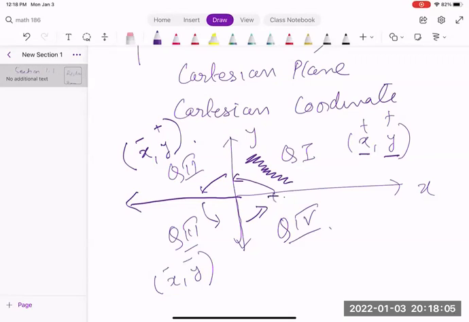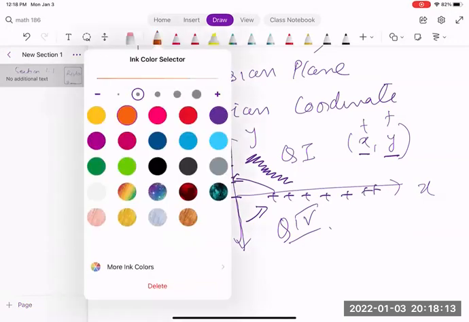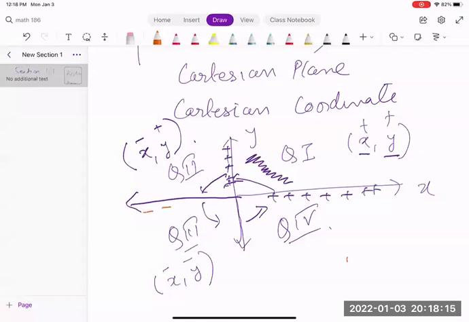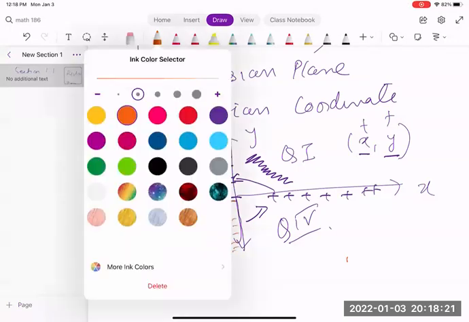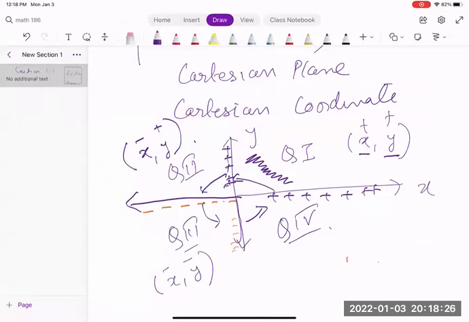All of what you're seeing here towards the left is your negative x and negative y. When you're looking at the fourth quadrant, x will be positive and y will be negative.